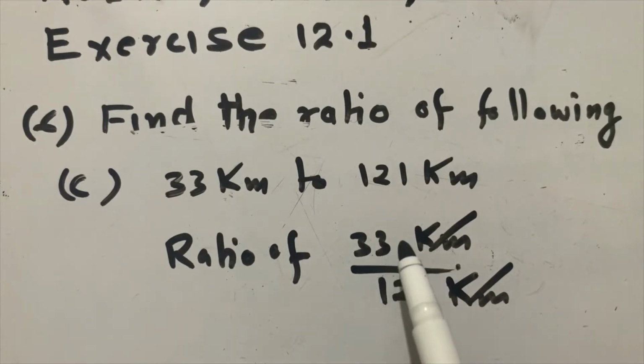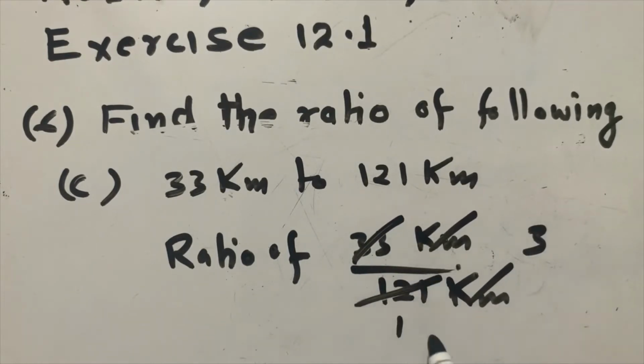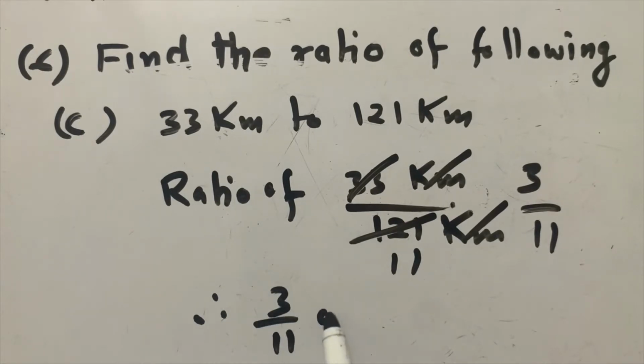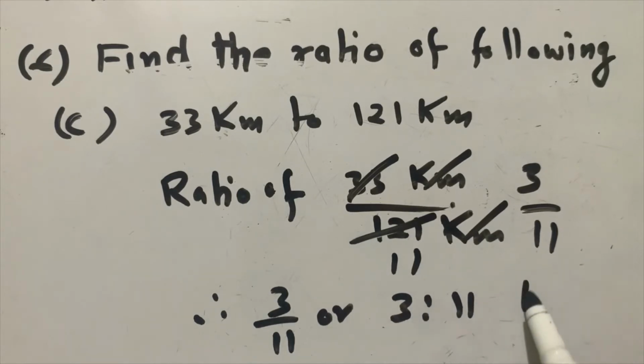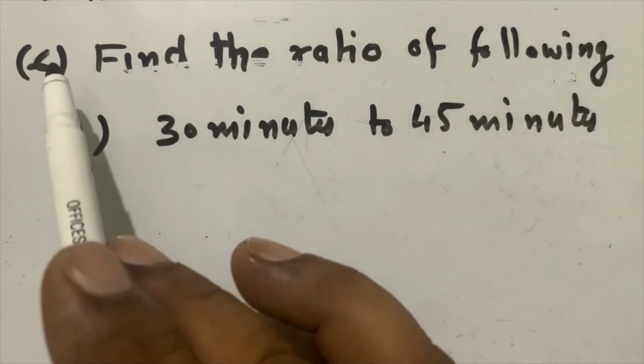If we read the table of 11, 11 3s are 33, 11 11s are 121, so 3 is to 11. Hence the answer is 3 is to 11 or 3 upon 11.